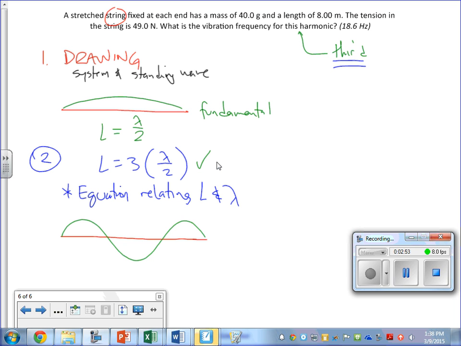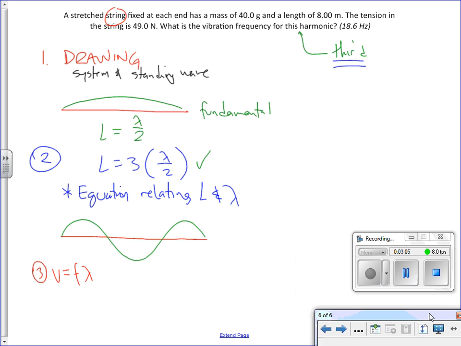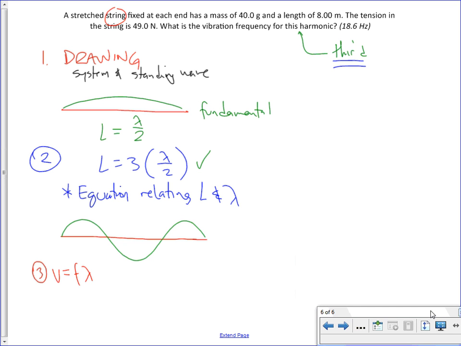Step 3 is going to be using v equals f lambda. Now, depending on the situation, in situation 1, if this is an air column, v is just somewhere around 340 meters per second, the speed of sound in air. Might be 343, might be 330, somewhere around there.